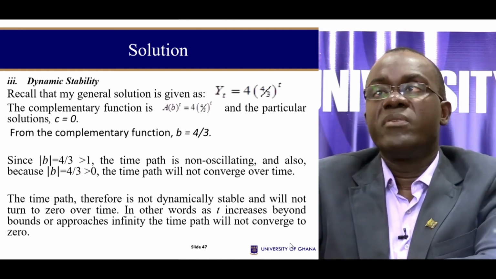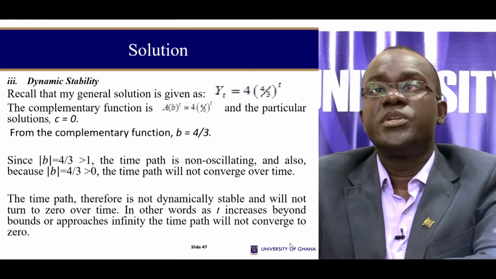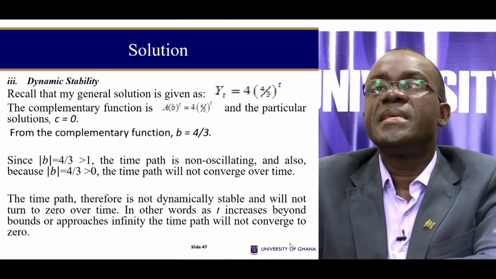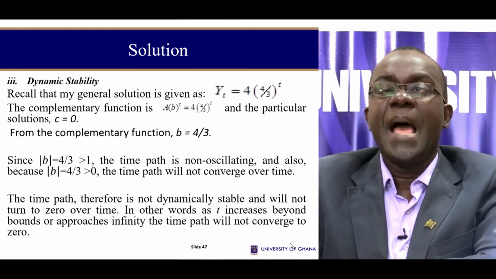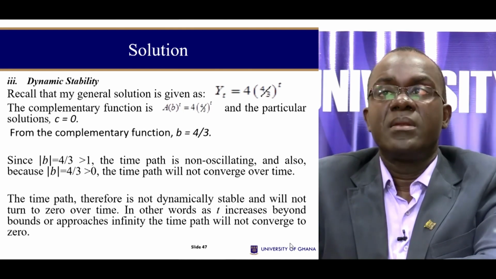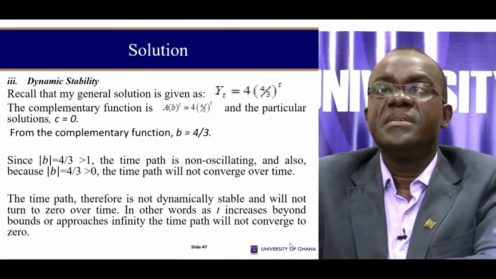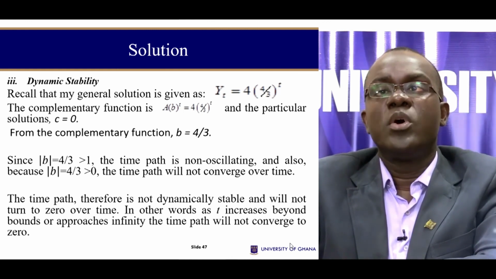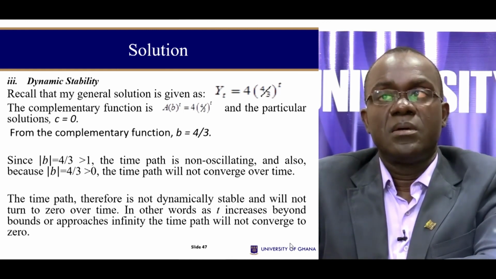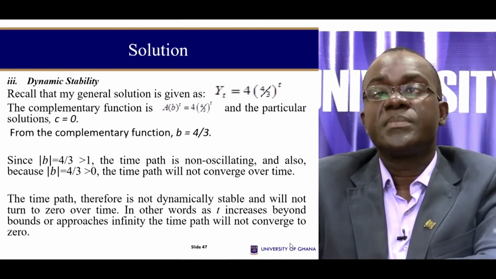The next point is to investigate the dynamic stability of this equation. Notice that in this situation here, our B is equal to that, right? And the absolute value of B, which is 4 over 3, is greater than 1. What it means is that B is positive, so it is not going to what? Oscillate. All right? If it were to be negative, then there is going to be oscillation.